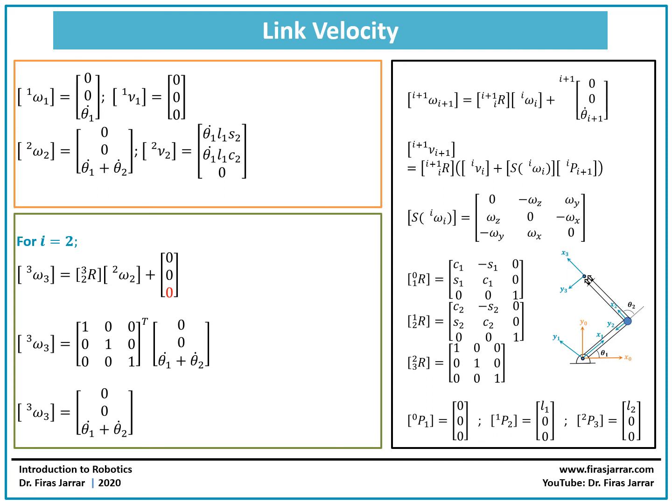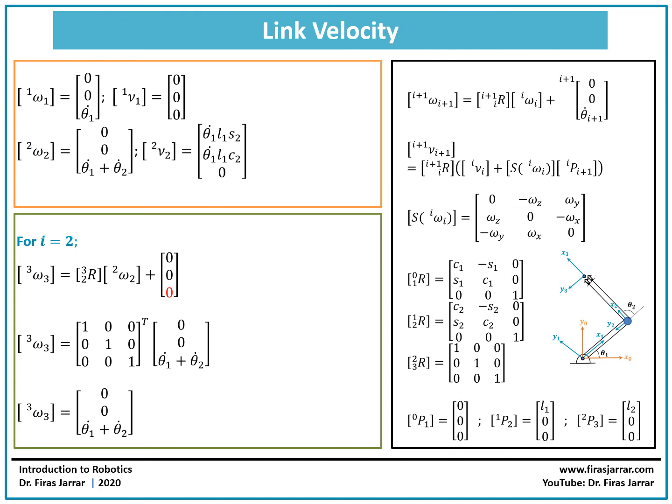Now we substitute in the values: R2 to 3, which is the transpose of this matrix, and omega 2 is the angular velocity vector as obtained in the previous iteration. So 0, 0, theta 1 dot, theta 2 dot.